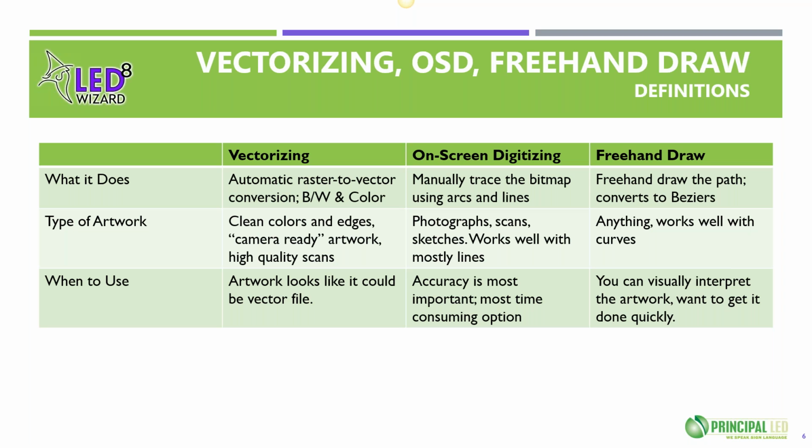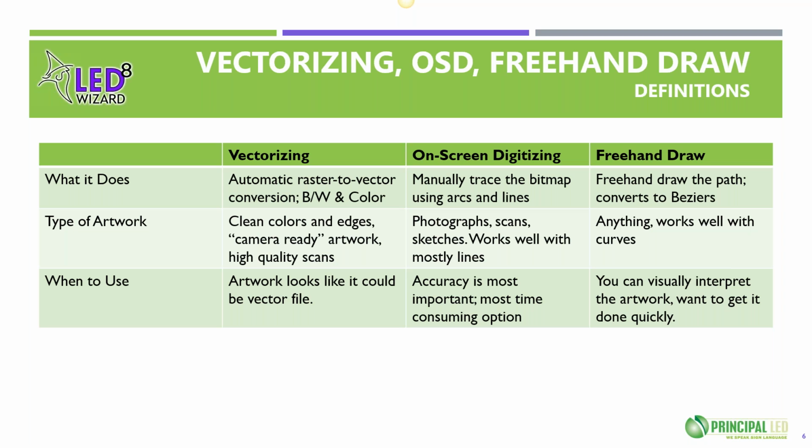Now, on-screen digitizing is a similar concept, except you do it manually. You put the bitmap and then you trace it using arcs and lines, and I'll go through this. You create a start point, you draw a line, you draw an arc, and you follow the path visually, manually, instead of doing it automatically. And then freehand draw is, like the name implies, you're basically just drawing the path with the mouse.